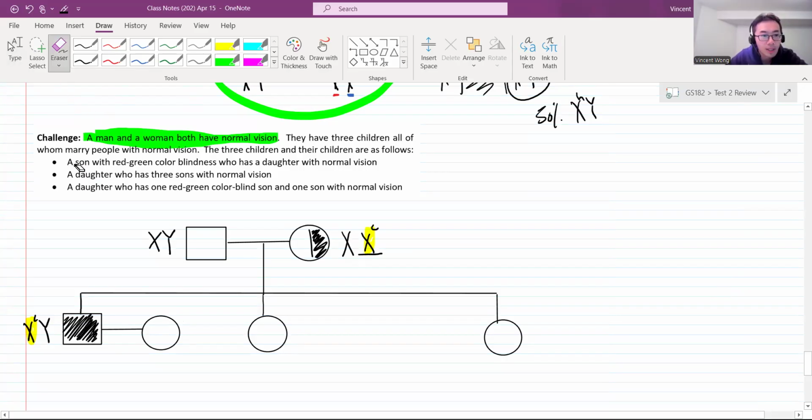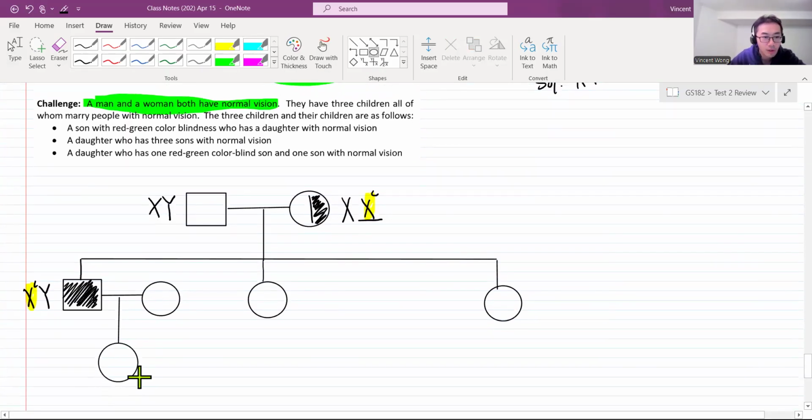So what's going on with this? The son is going to have a daughter with normal vision. So daughter, normal vision. What does it mean? Well, we already know the wife has normal vision. So she's X, and then we're not sure what the other is.